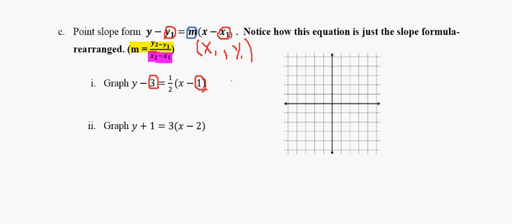So let's take a look at this first one. You have a point and a slope, which are the two things we said we need to write the equation of a line. Here's your x, here's your y. So the point on our line is 1, 3. And the slope of this line is right here. It's 1/2.